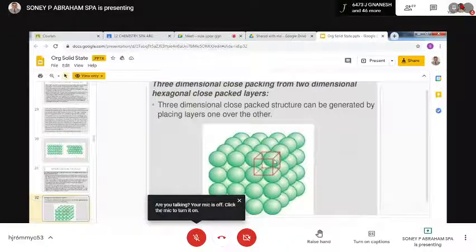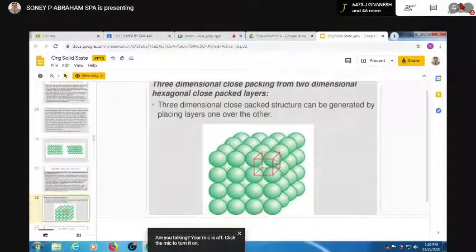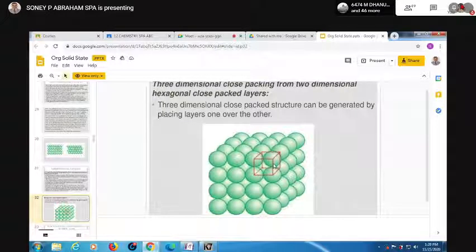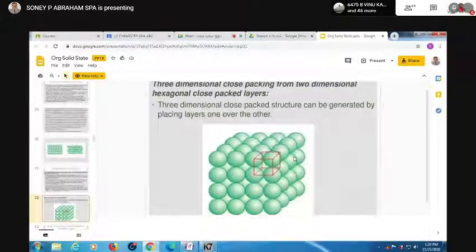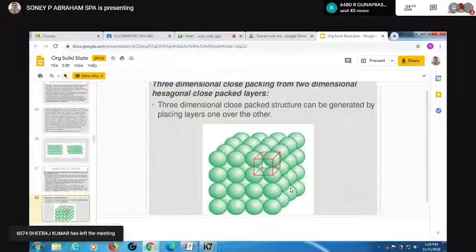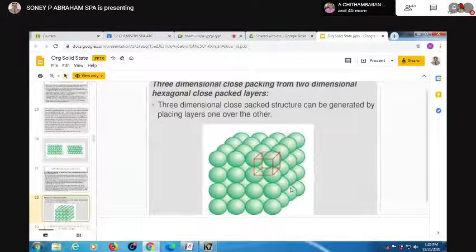So if I call the first layer as A type, what about the second layer? Atoms are exactly aligning with the first one. So it is similar to the first one. So the second layer will be called A. Third layer will be again A. Fourth layer will be again A. So this type of packing in 3 dimensions is known as AAA type pattern, and as a result, you will get a simple cubic lattice.